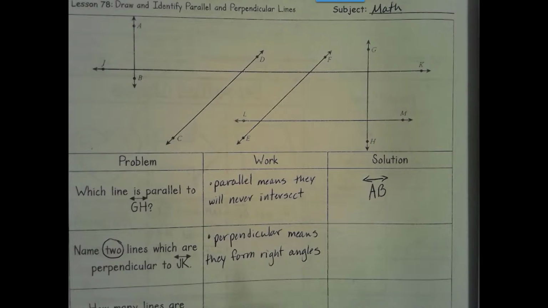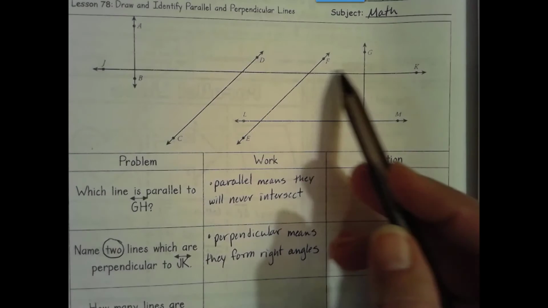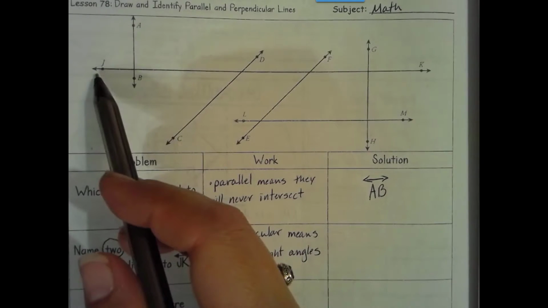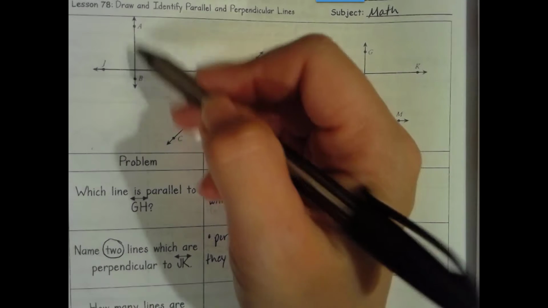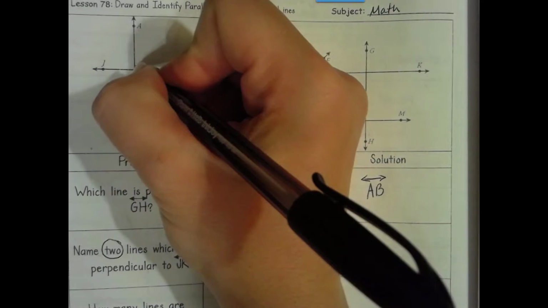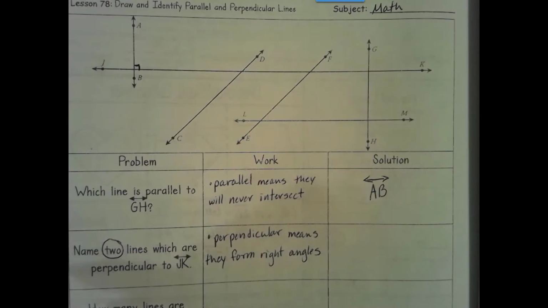So here's JK. AB intersects, and it does form right angles. It's got those perfect square corners there.